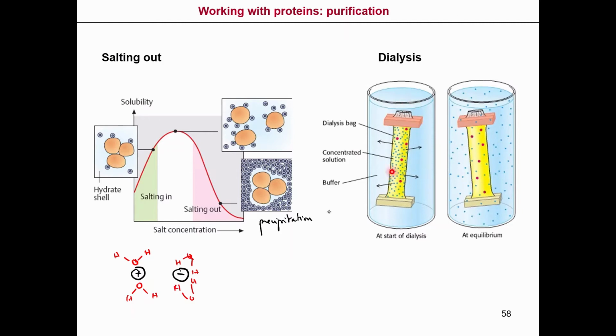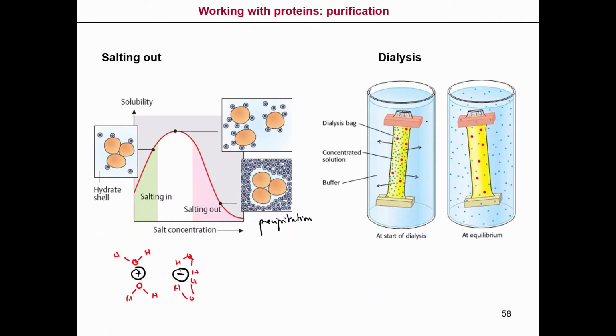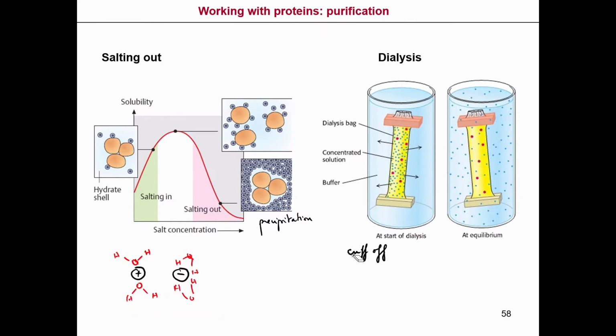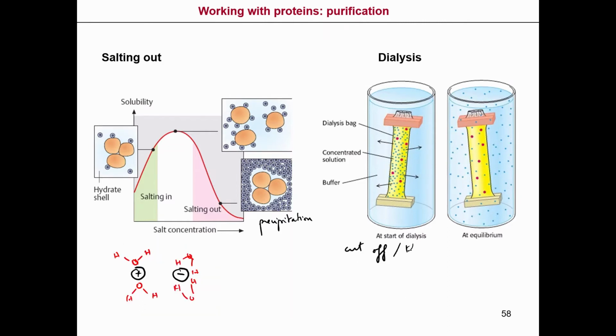Okay, so you know the technique of dialysis. You have a bag with a membrane, with a cutoff number or threshold. For example, if we have a dialysis bag with a cutoff of 50 kilodalton, what does it mean?